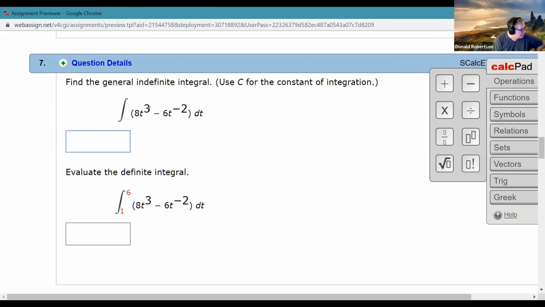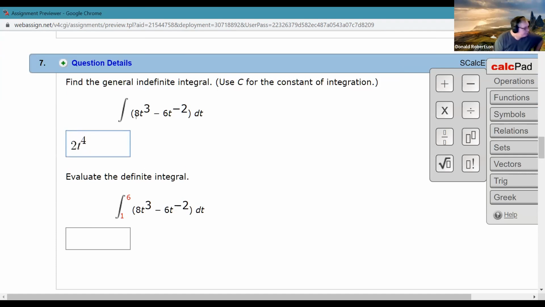Add 1 to the power 4, divide, so you get 2t to the power of 4. If you add 1 to that guy, you get -1, right? Add 1 to the power, you get -1. Divided by -1 makes that plus. And so 6t to the power of -1. And then add a c.